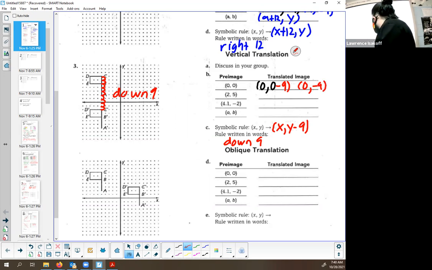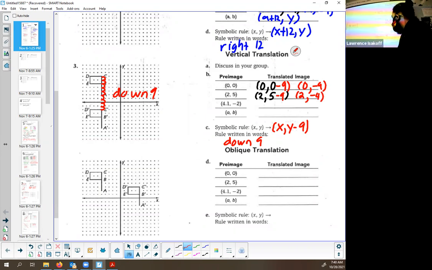Okay, next point they gave me was 2, comma, 5. And then I have to subtract 9 from the 5 because that's my Y value. What's 5 minus 9 going to give me? X goes unchanged, so that's 2, comma, negative 4, as we said. Good. This next one has a decimal in it.